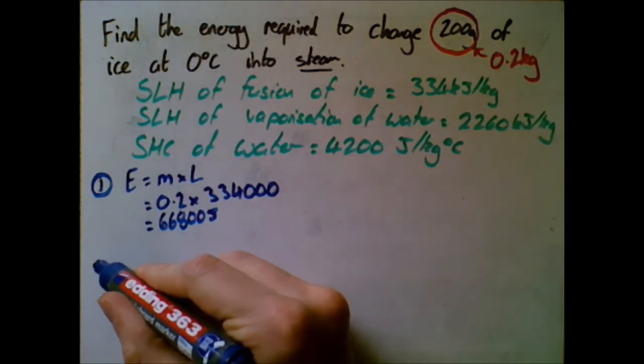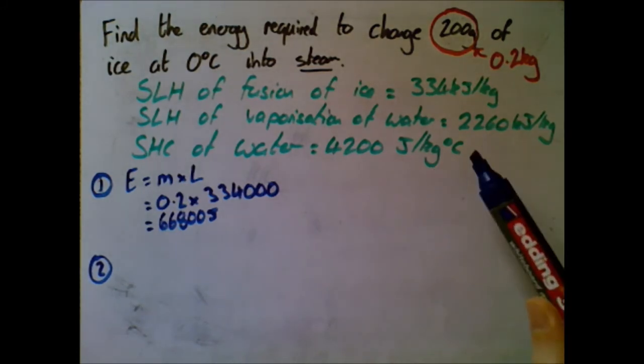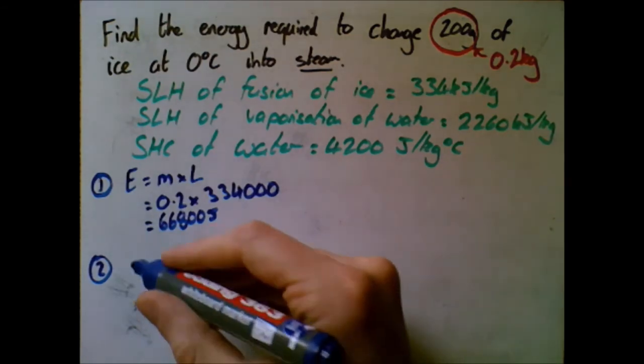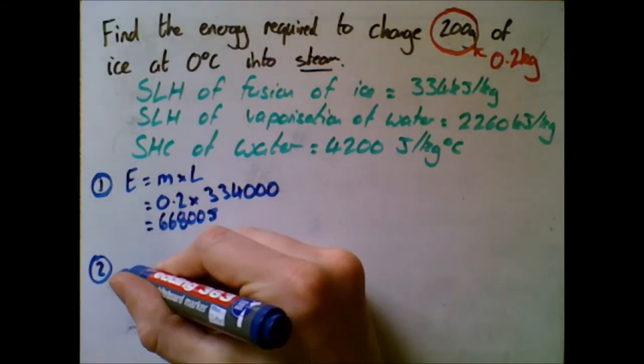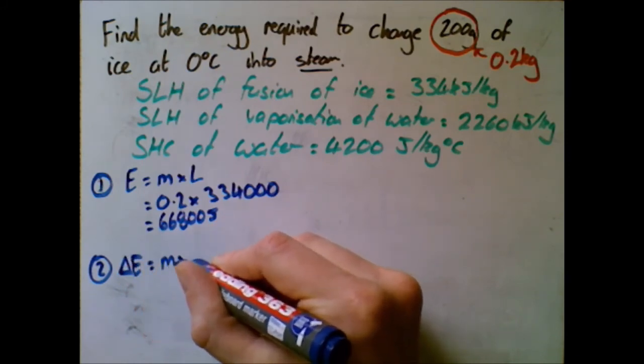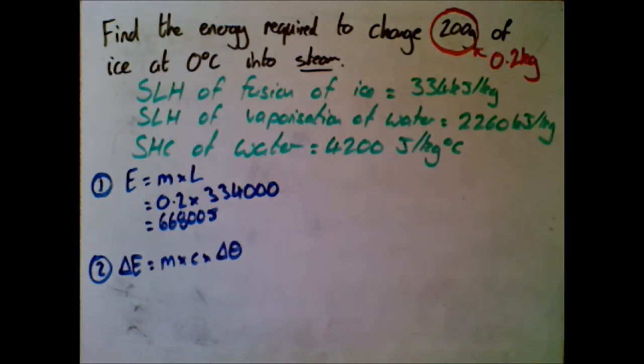Anyway, moving on. Number two, we've now got to increase the temperature of the water that we've just got here from 0 all the way up to 100. So if it's the amount of energy to raise the temperature of a substance, we go to our formula from last time. So this is where we need our specific heat capacity formula. So delta E equals mass times specific heat capacity times, remember, delta theta for change in temperature.